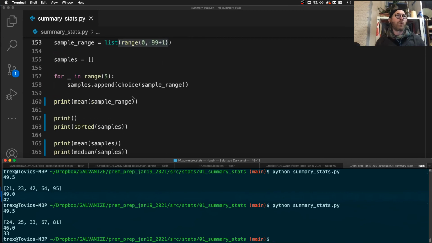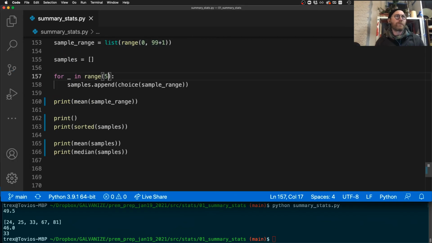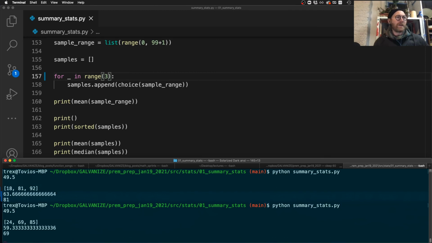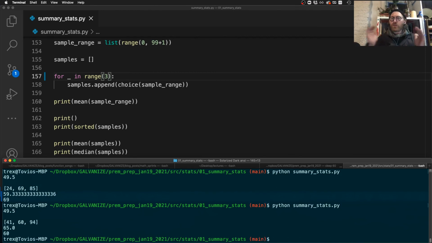Now, what if we lower this to just 3 samples? I think sometimes it'll be a little surprising how good we actually do. But we're seeing a widening of that spread, right? Because now we're getting 3 numbers instead of 5.